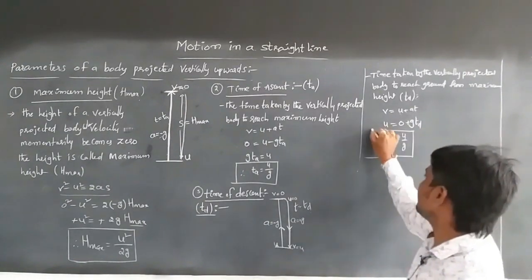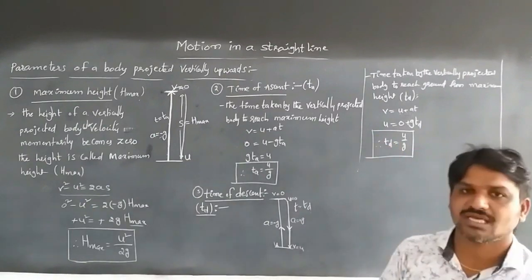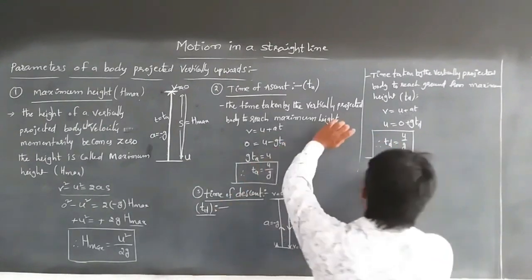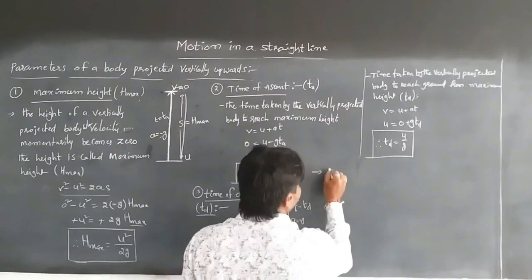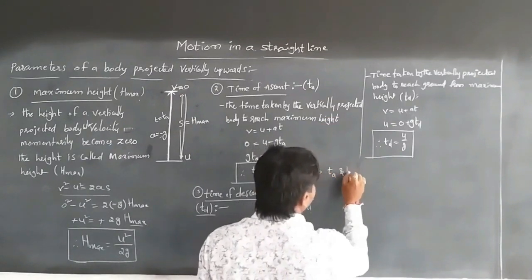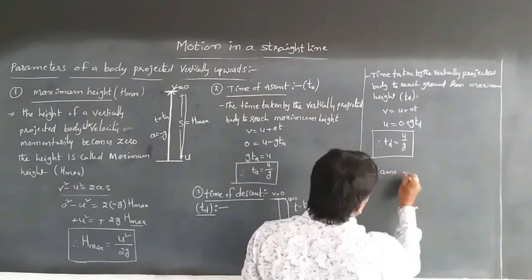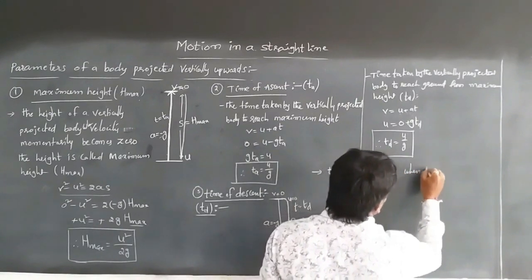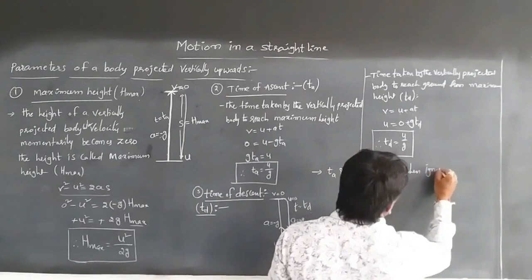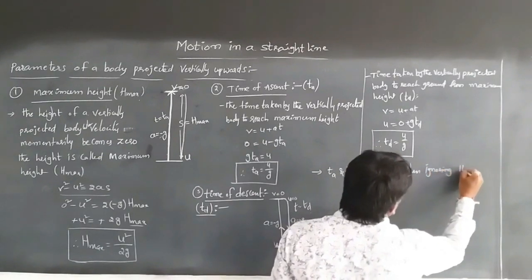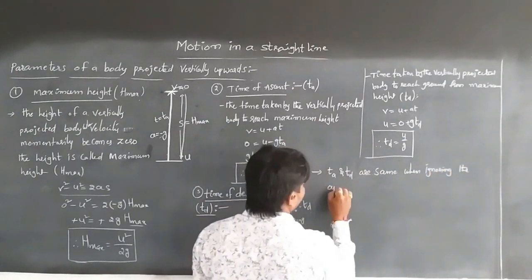Here the time of ascent and the time of descent are both the same when air resistance is neglected. Ta and td are the same when ignoring the air resistance.